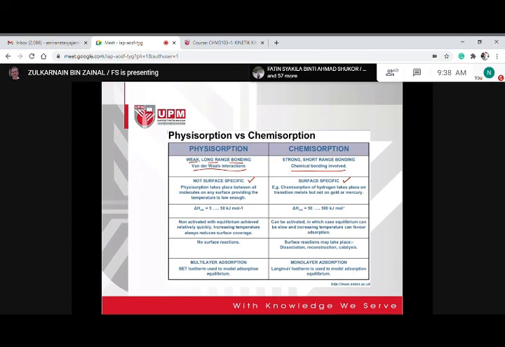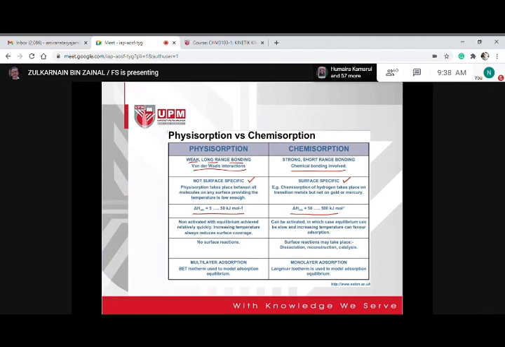So in terms of the energy of the reaction, the energy of reaction for physisorption is quite low, between 5 to 50 kJ per mole, while for chemisorption it is quite high, between 50 to 500. Right?